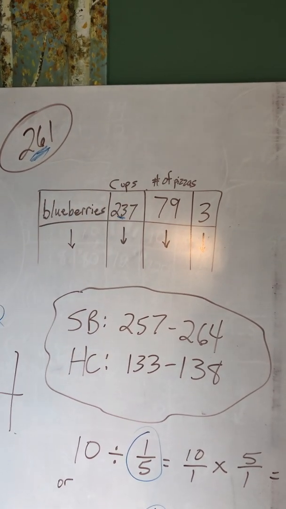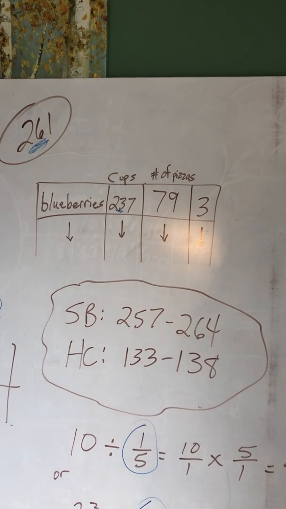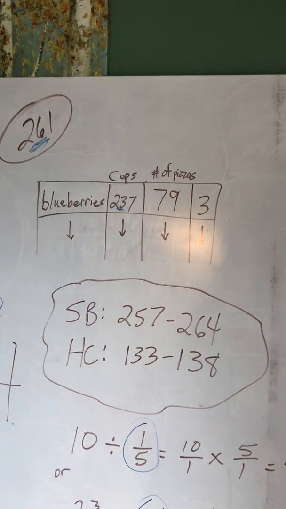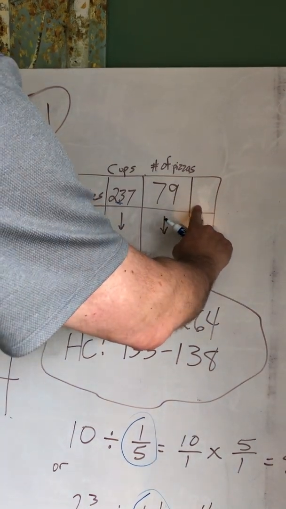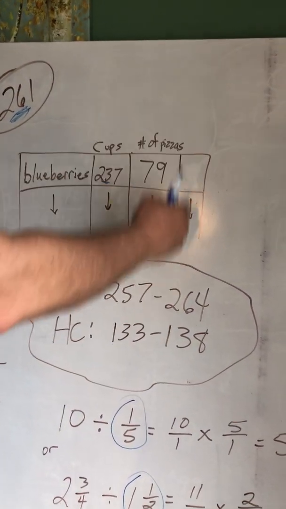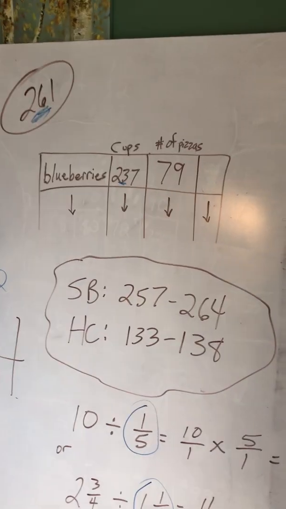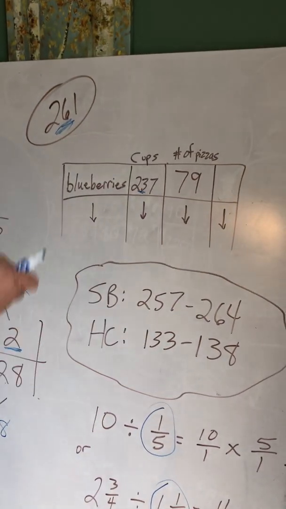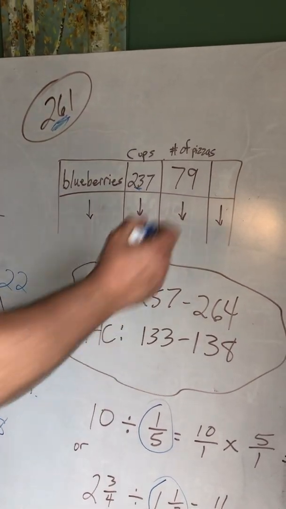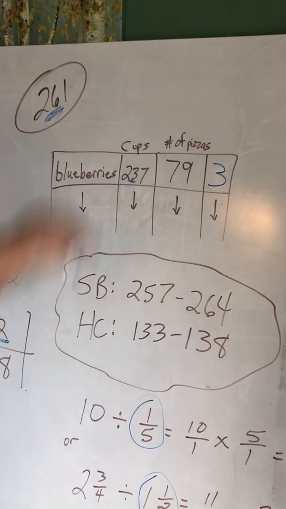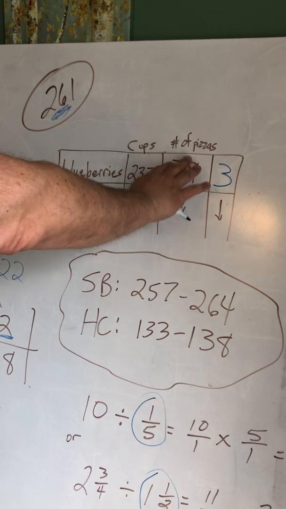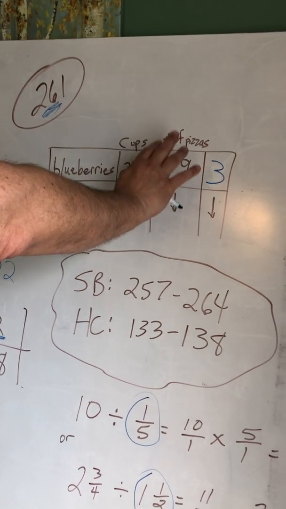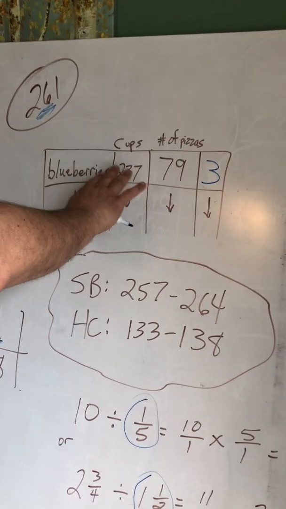In this case, it takes 237 blueberries to make 79 pizzas, okay? And all the way down, this column is open, okay? This is where you're putting your answer. So it's just division, guys. All the way down, you're dividing total number of cups divided by how many pizzas that makes.